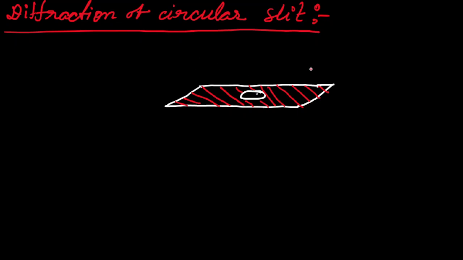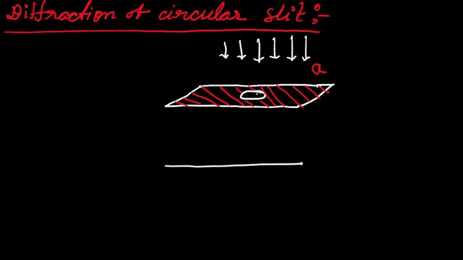And in this case, let's assume the radius of this circular aperture is A. The radius of this circular slit is A. And then again, if we illuminate these slits with a plane wave, then we'll get a diffraction pattern of these slits on the screen.